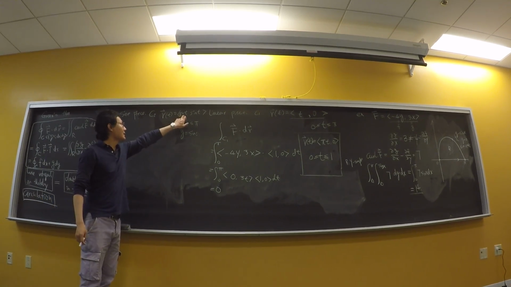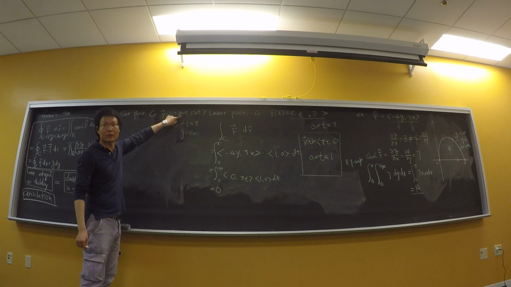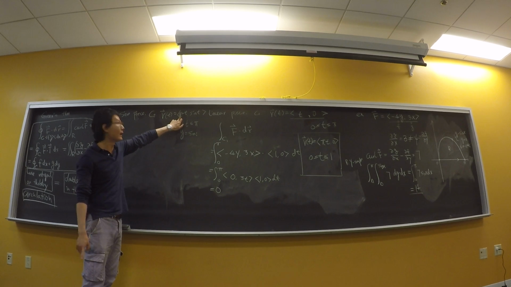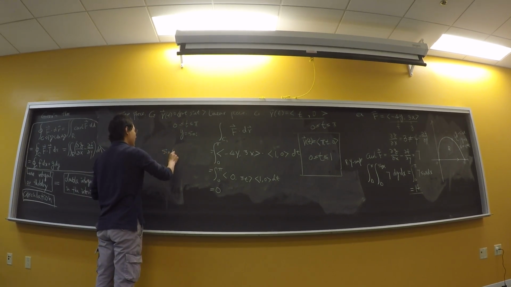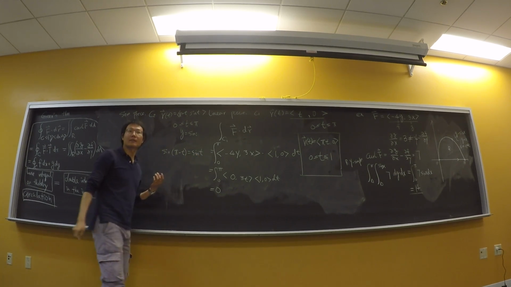If I make x equal to pi minus t, then t equal to 0 is the initial time where x is exactly equal to pi. When t is equal to pi, my x is exactly equal to 0. Not only that, I know sine of (pi minus t) is exactly equal to sine t.